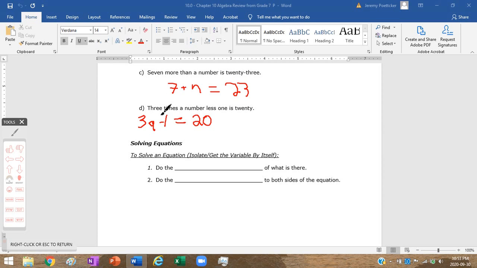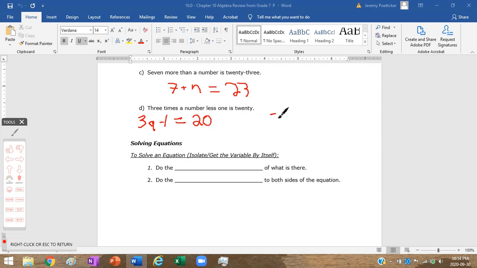Translating English into math is sometimes tricky because it's this writing here, 3 times the number less 1 is 20. It looks like it could almost be something like this. Well, what if we did the number less 1 first, order of operations wise, so in brackets, then multiplied by 3?